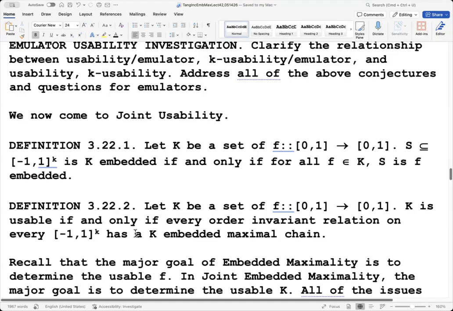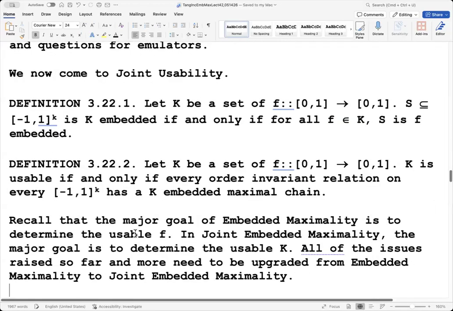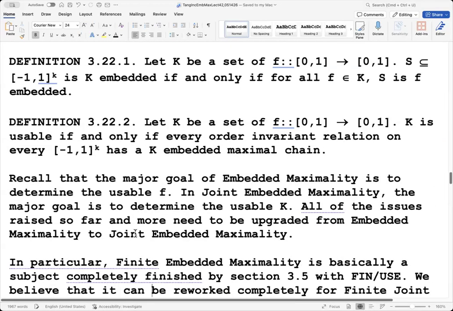Recall that the major goal of embedded maximality is to determine the usable F. In joint embedded maximality, the major goal is to determine the usable capital K. In other words, which finite sets of functions are usable. All of the issues raised so far and more need to be upgraded from embedded maximality to joint embedded maximality.